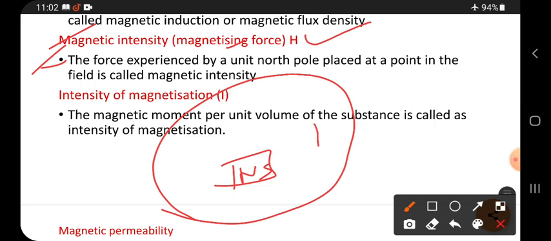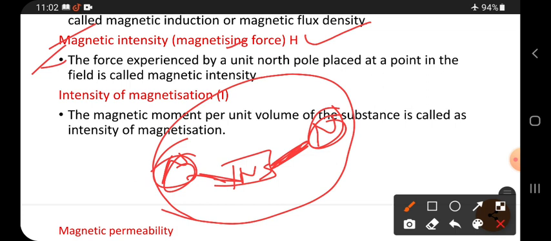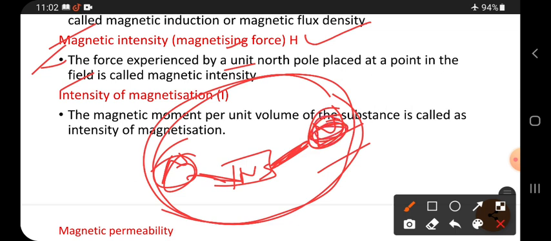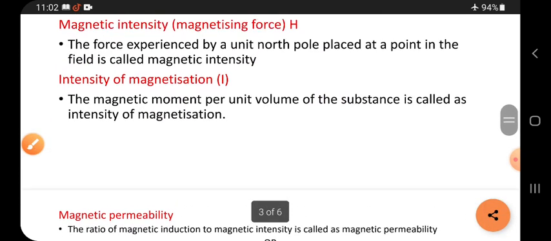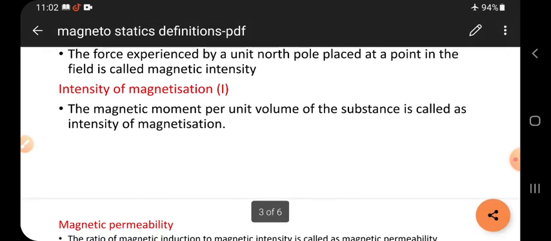If you bring a north pole into this field, it may attract, and if you keep it on the other side, it may repel. So an attraction or repulsion force exists. The force experienced by a unit north pole placed at a point in the field: in this field I kept it, so how much force is it experiencing? That force is called magnetizing force or magnetic intensity.